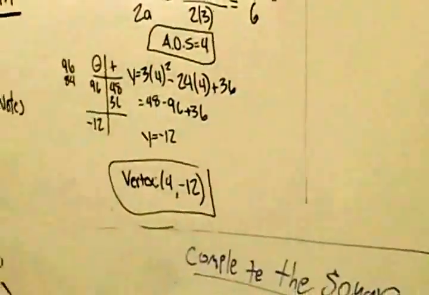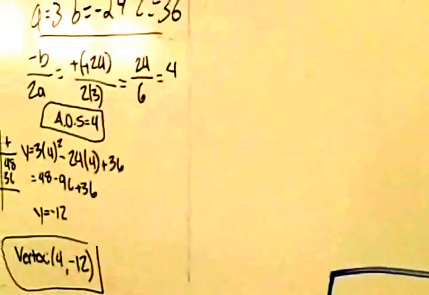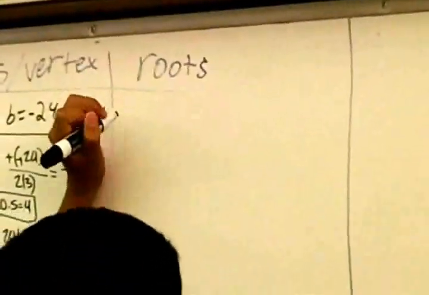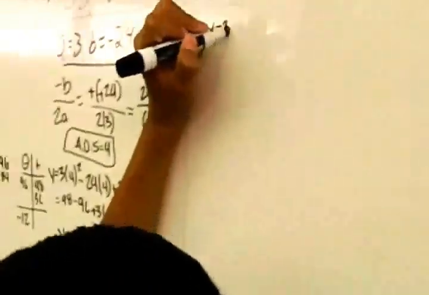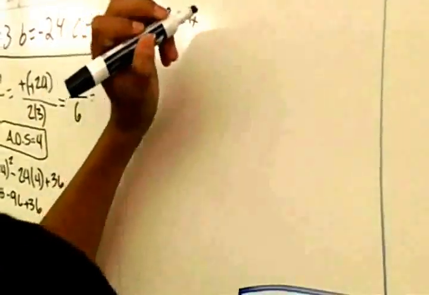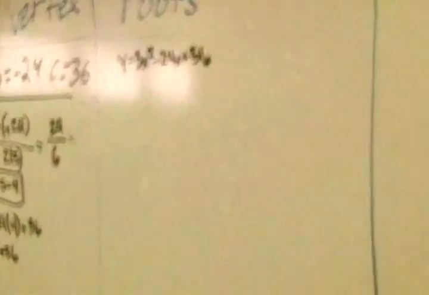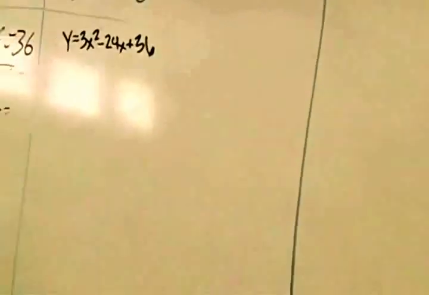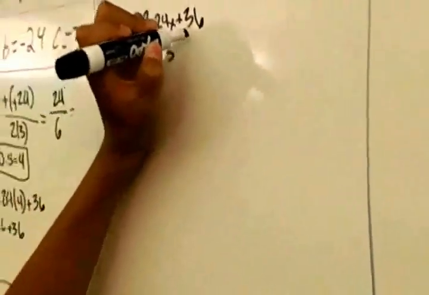Can you find the roots? Alright, so for the roots, what you gotta do is write up the problem. And then after you write the problem, you can simplify, since there's a common number inside there. 3 goes into each one of these.